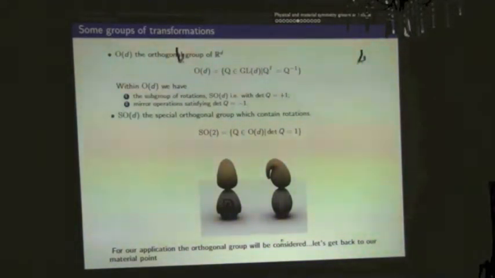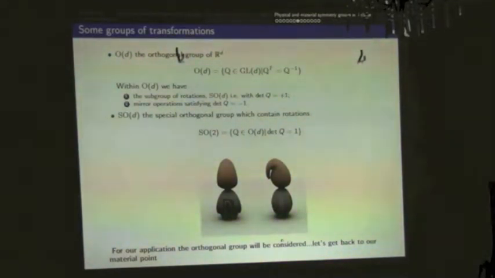Something important, because it can make some trouble sometimes. Usually, people say that in O3, the orthogonal group in 3 dimensions, the element that is not in the group of rotation is the inversion. It is true that in O3 the inversion is a non-proper operation.